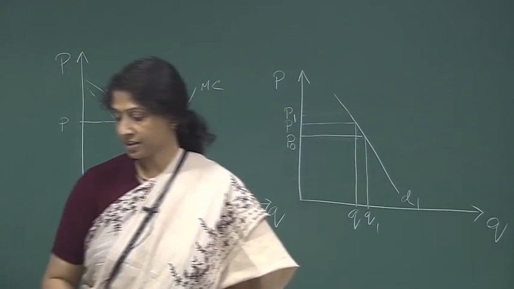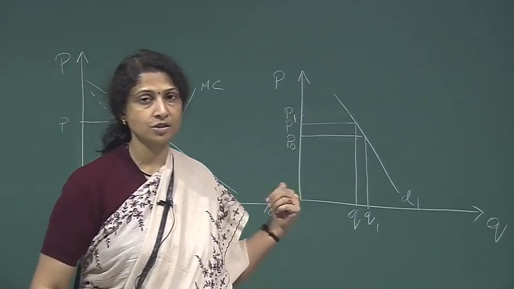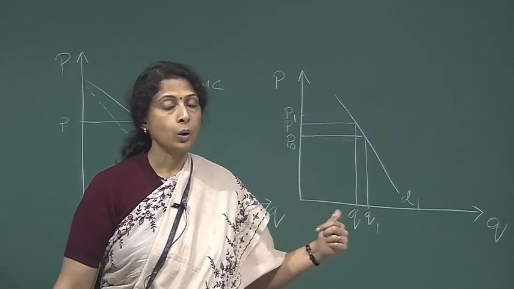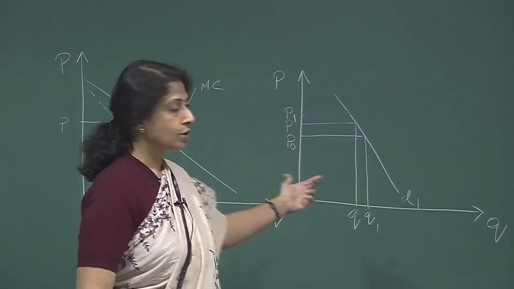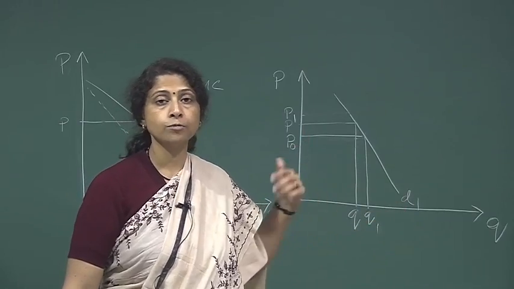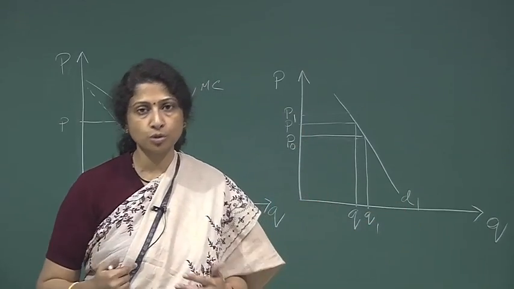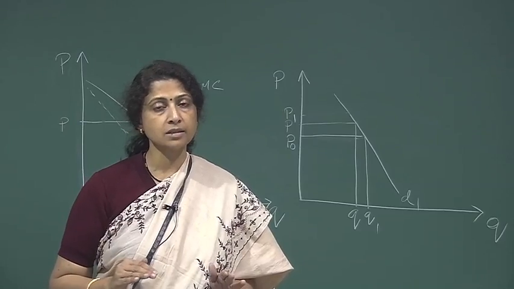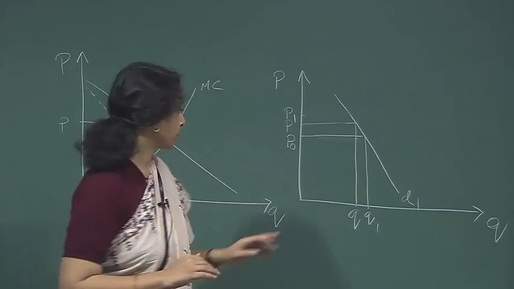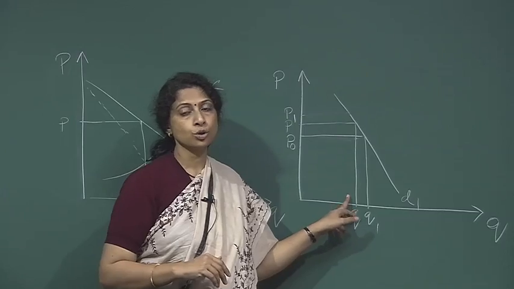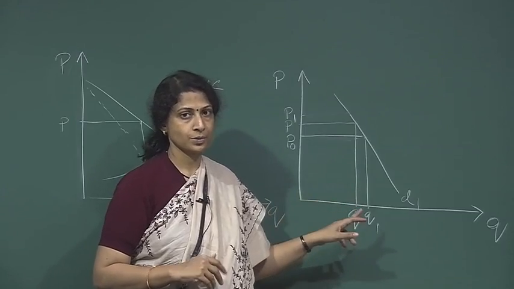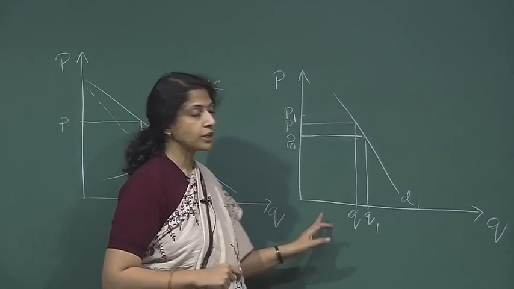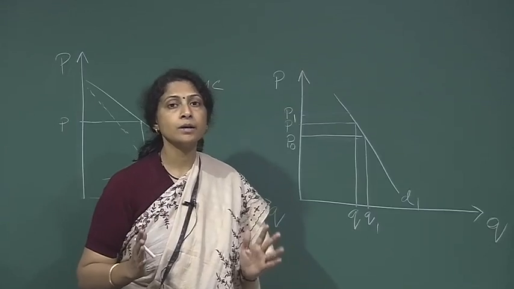They will think, okay, fine, this firm has raised its price, so its product is now costlier, so hopefully many of the consumers are going to come to us. So they are not going to raise their price, and as a result this firm is going to lose a lot of customers. Hence, the drop in quantity is going to be very big.